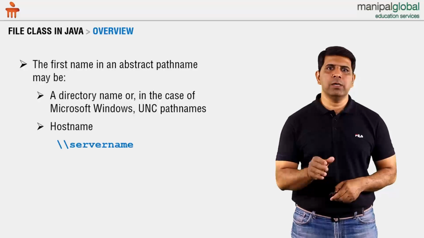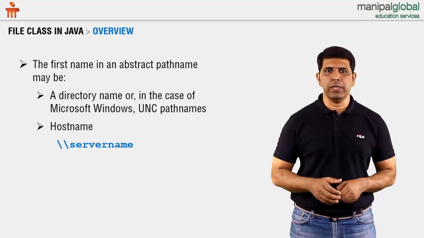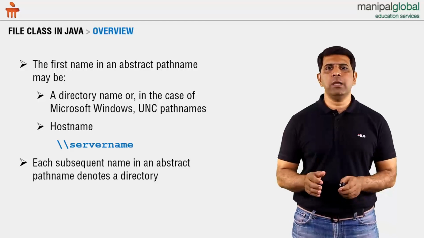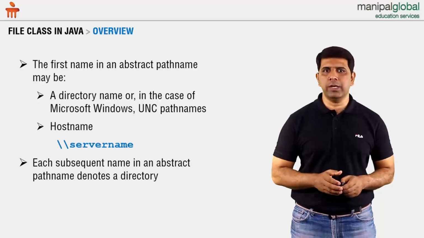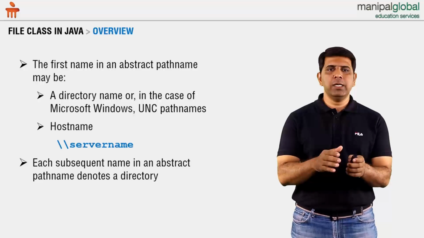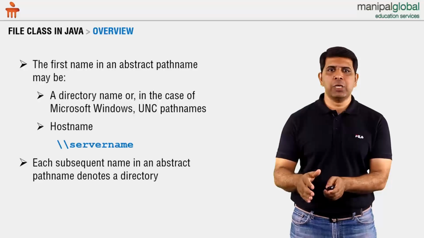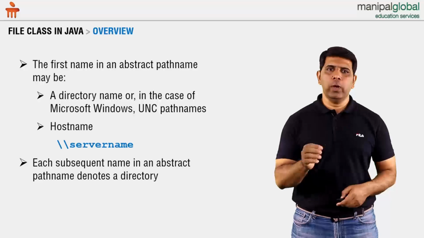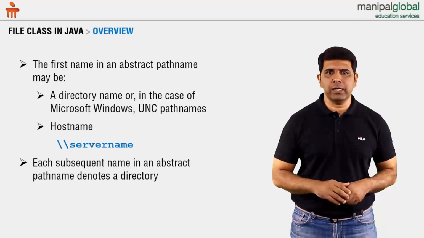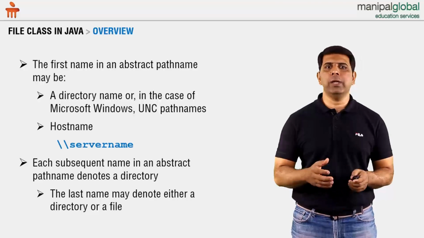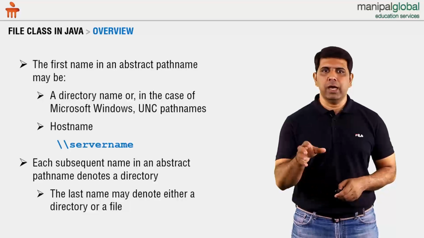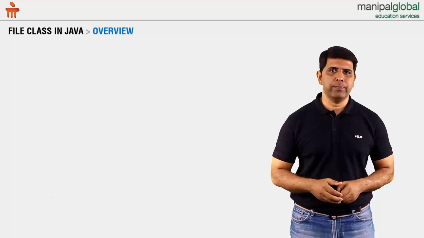So that is the UNC name as well as a host name. Each subsequent name in an abstract path name denotes a directory. For example, under the server, you may have /A/B/C, where each of those would represent a directory. The last part of that may represent a directory or a file name.